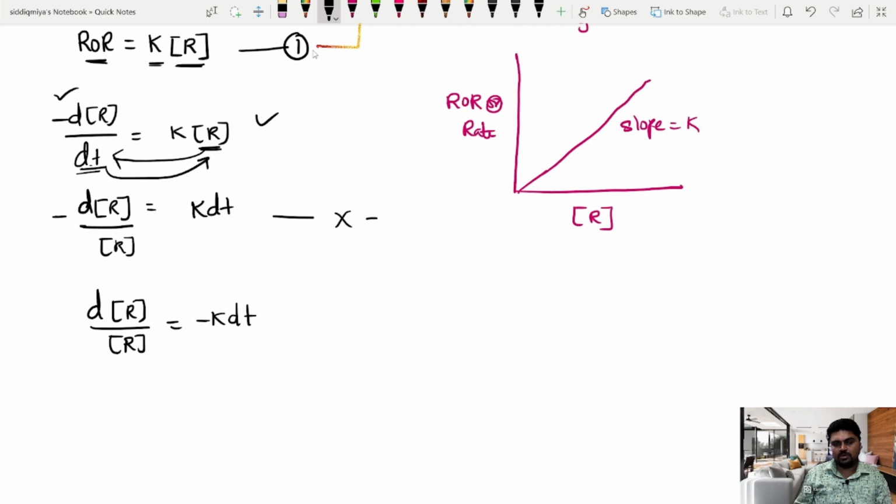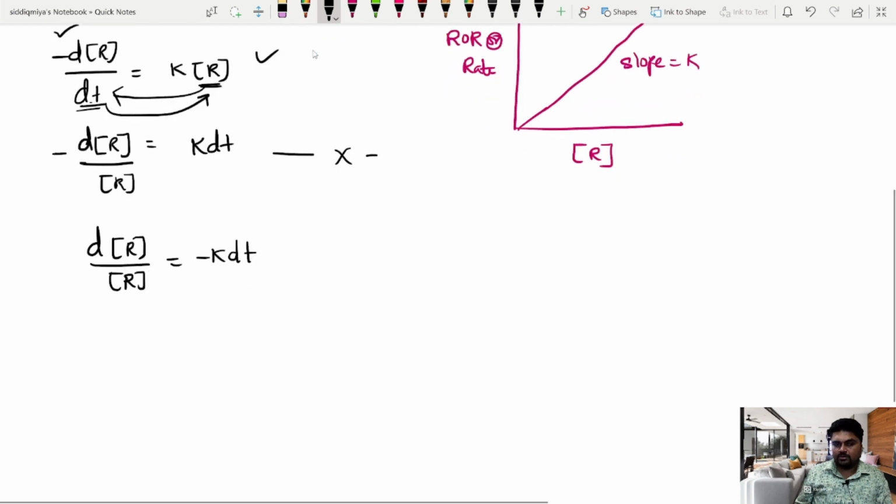If you multiply with the negative, you get dR by R is equal to minus K dt.